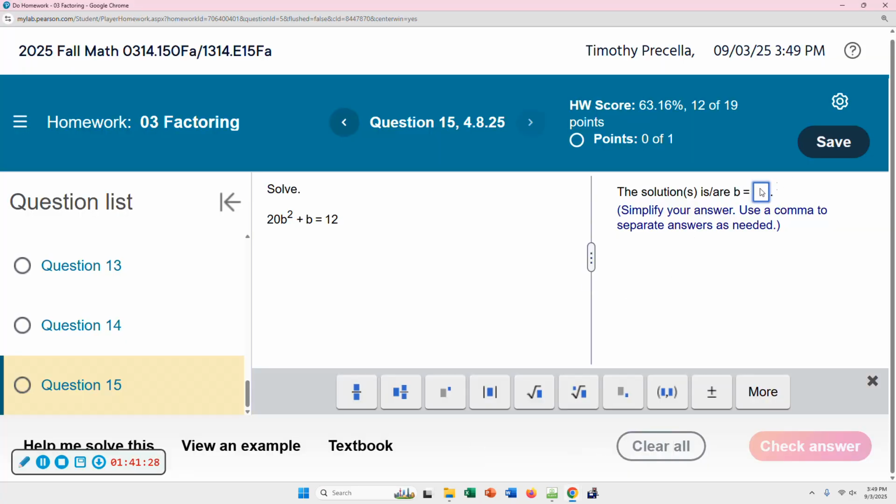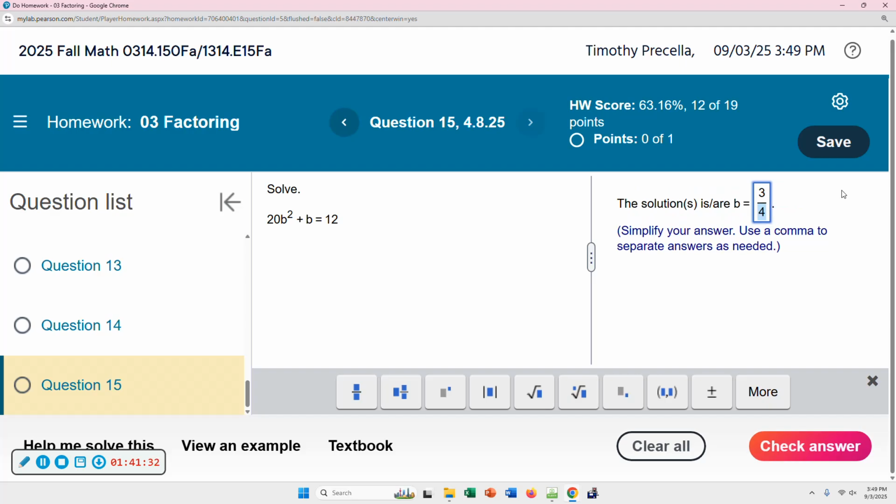Oh, be careful. 3/4. Do not put the comma down there. Some programmers went through it. It used to be if you put the comma in the denominator, it automatically said wrong. Somebody decided to change that, and they changed some of the code, but they didn't change it all.